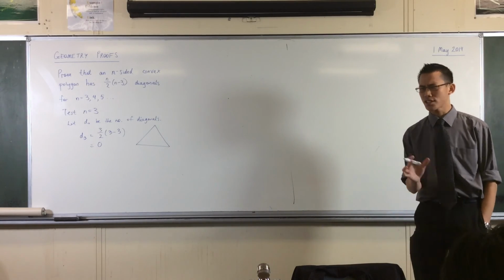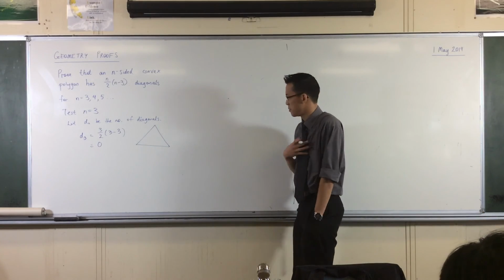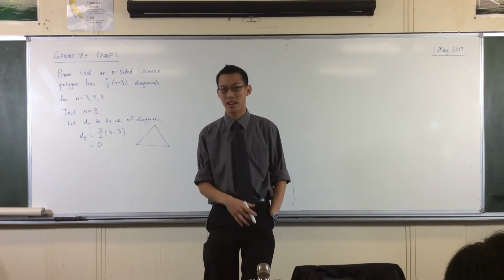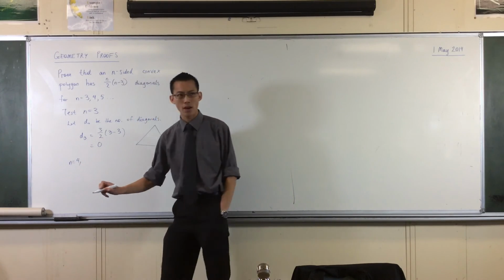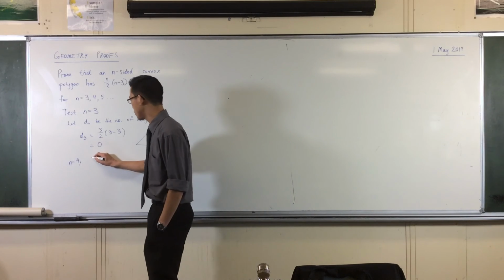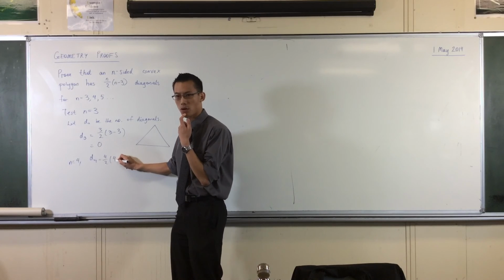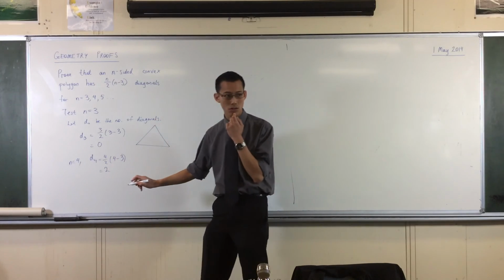Now, even though we don't need to in this case, just for my own curiosity, because I find that a bit of a weird result, I'm just going to test the next one, just for the sake of it. If n equals 4, how does it work out? If you do d of 4, you get 4 over 2 times 4 minus 3. Okay, 2 times 1, that's 2.